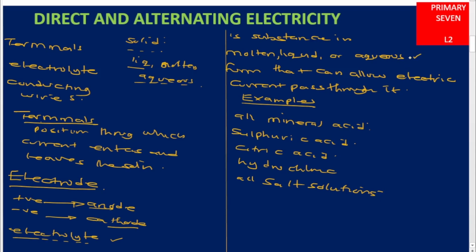It becomes a solution, and that solution can allow current to pass through it. So after you have prepared that solution, the solution becomes an electrolyte. You dip in the electrodes, you connect the wires, then we are going to see current flow through it. That is an electrolyte, and that is a wet cell.